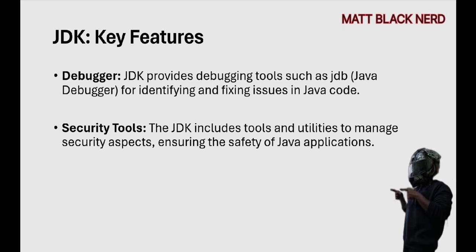Debugger. Java provides debugging tools such as JDB, Java Debugger, for identifying and fixing issues in Java code. Security tools. The JDK includes tools and utilities to manage security aspects, assuring the safety of Java applications.